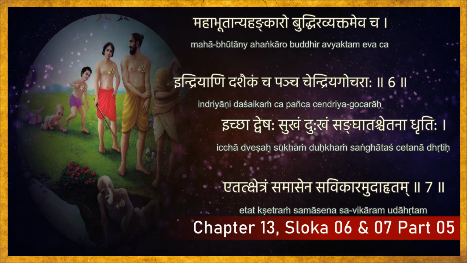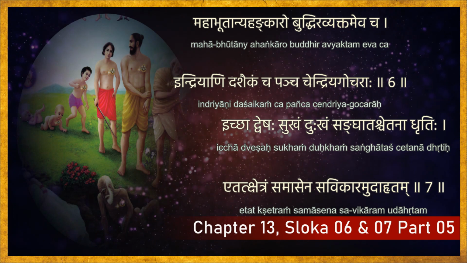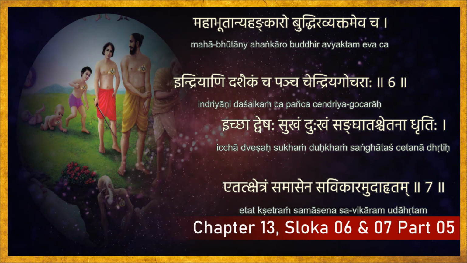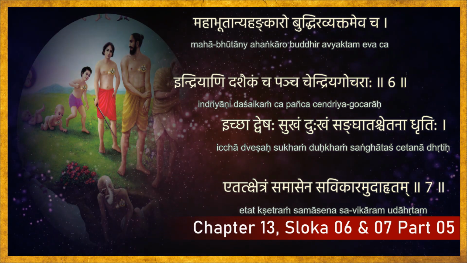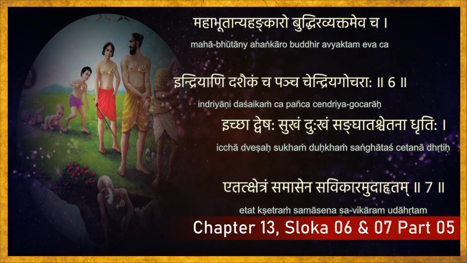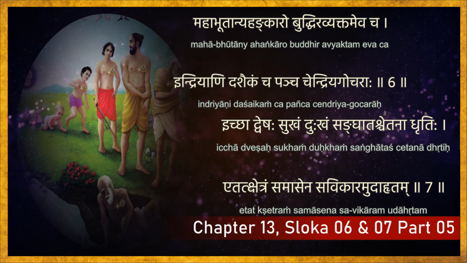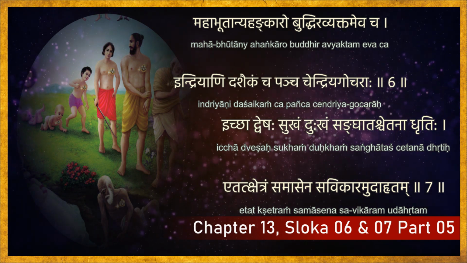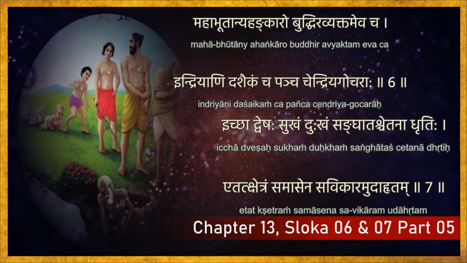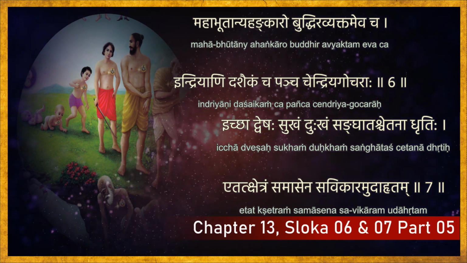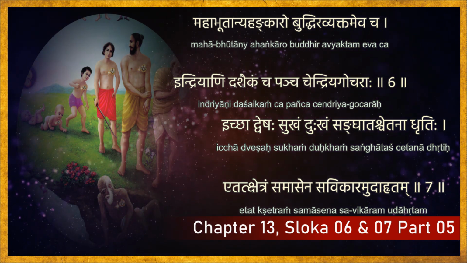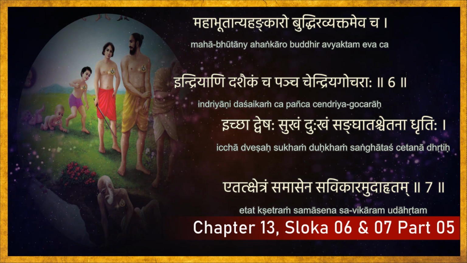So this Rasa Tanmatra will have its principal quality called rasa, taste, plus the qualities from Tejas, which is Rupa, from Vayu, Sparsha, from Akasha, Shabda. They are all in unmanifested stage, cannot be perceived when they are in the Rasa Tanmatra stage.